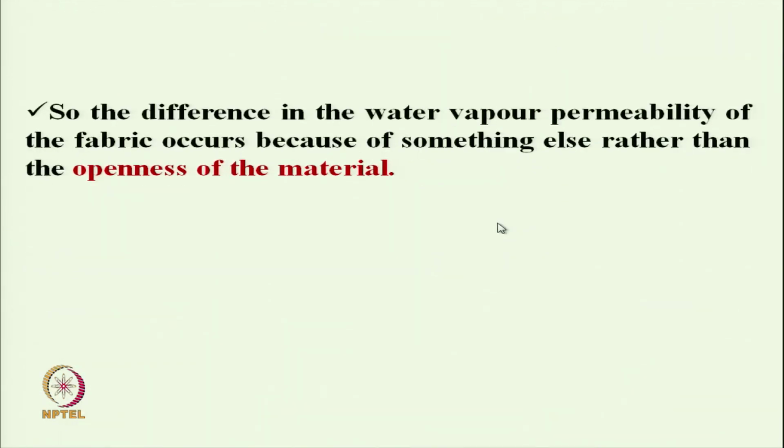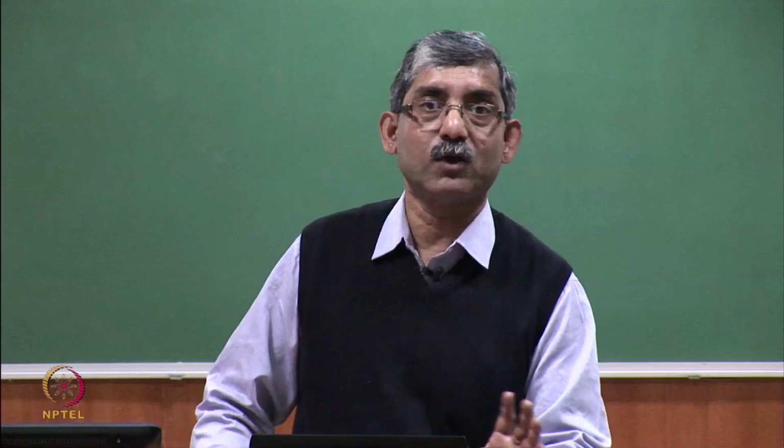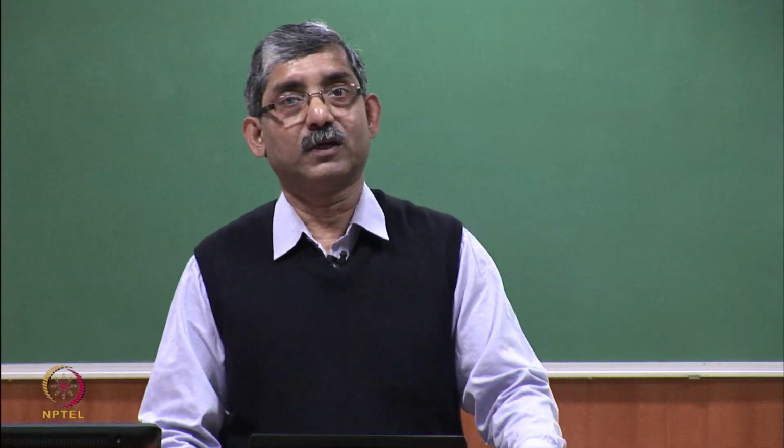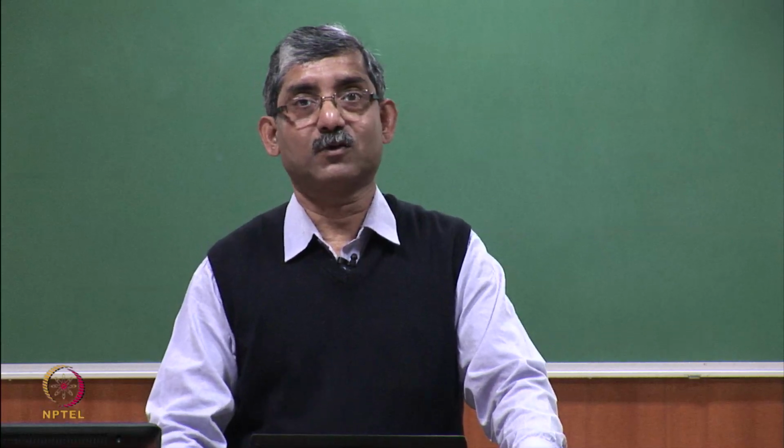The basic reason is that the moisture vapor is transmitted through the absorption and desorption principle. So the difference in the water vapor permeability of the fabric occurs because of something other than the openness of the material, because openness we have kept constant.